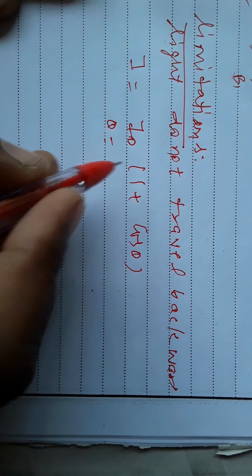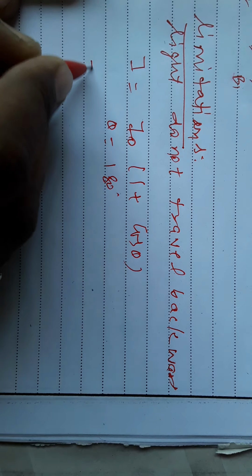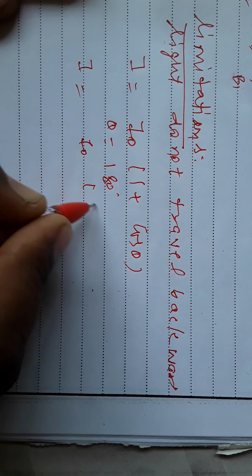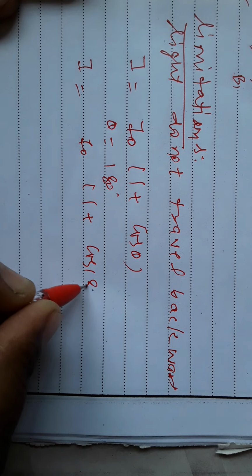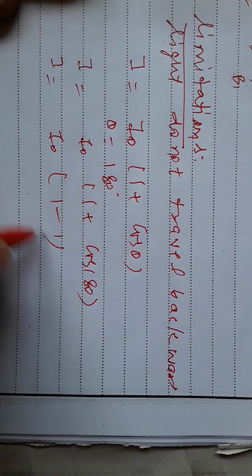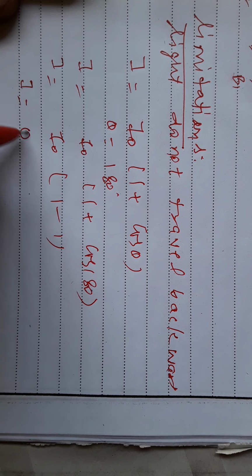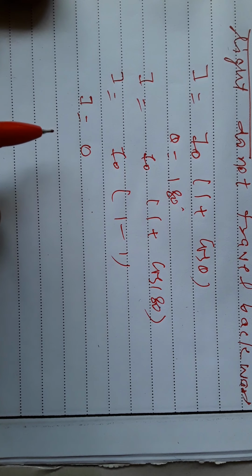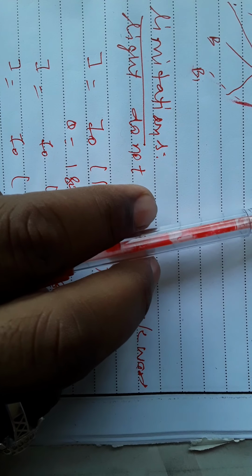Here for the backward envelope it is 180 degree. So I is equal to I naught into 1 plus cos 180, which is minus 1. I is equal to I naught into 1 minus 1, which is 0. So intensity of light for the backward envelope is 0. So the ray of light does not travel backward and it travels forward, it is only due to the forward envelope.